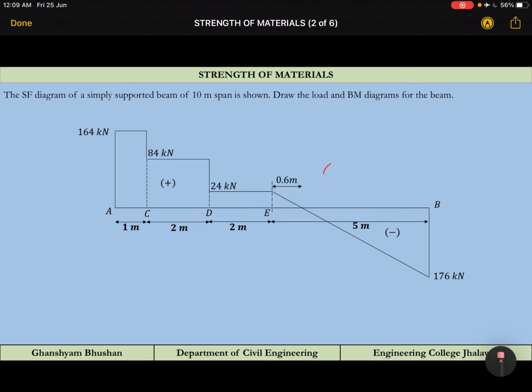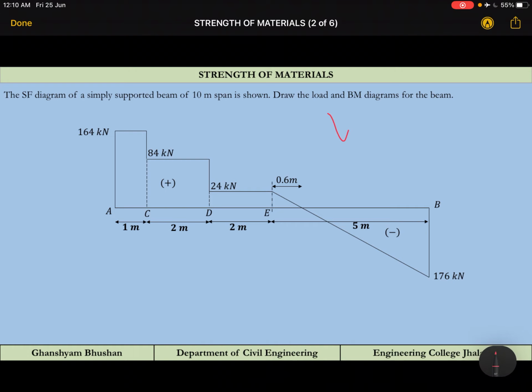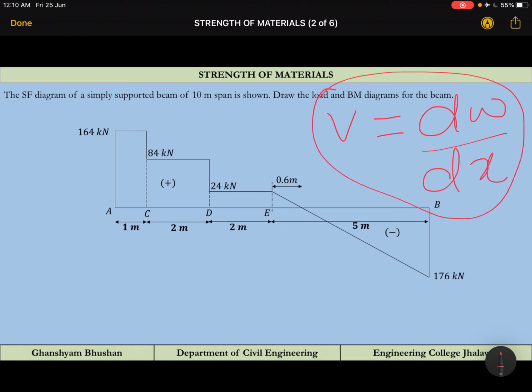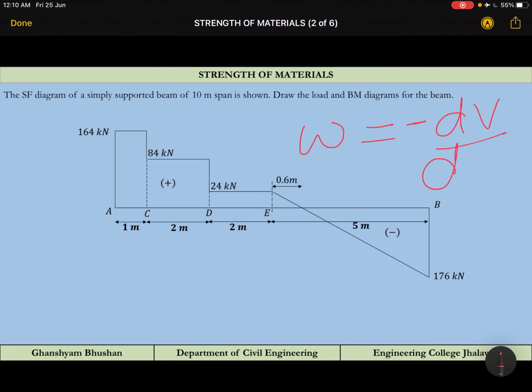In the starting lectures we derived the relationship between the shear force and the loading intensity. The shear force relation, I think this is not correct; the correct equation is w = minus dV by dx.